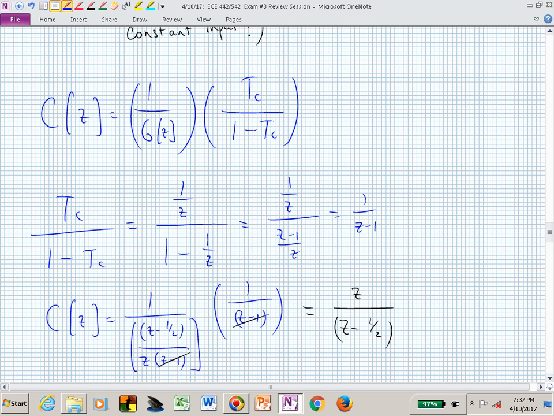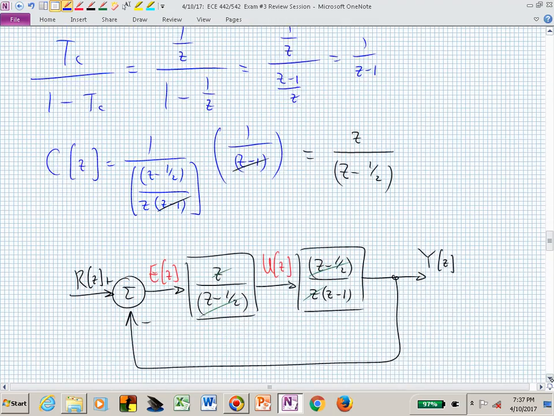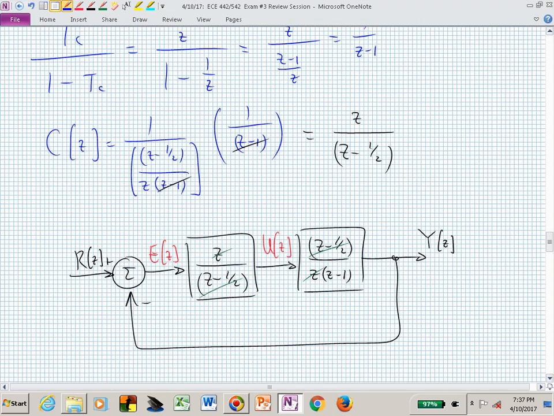And now we have a controller that's Z over Z minus 1/2. And what does that do for us? Here is our C of Z. Here was our G of Z. And you can see then that this Ragazzini design is actually canceling stable poles and zeros by design.